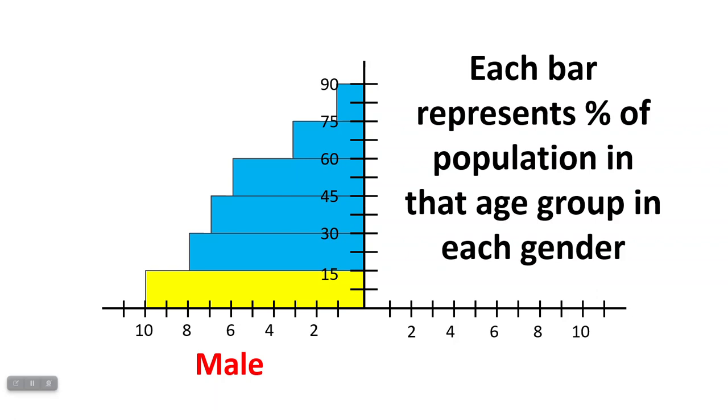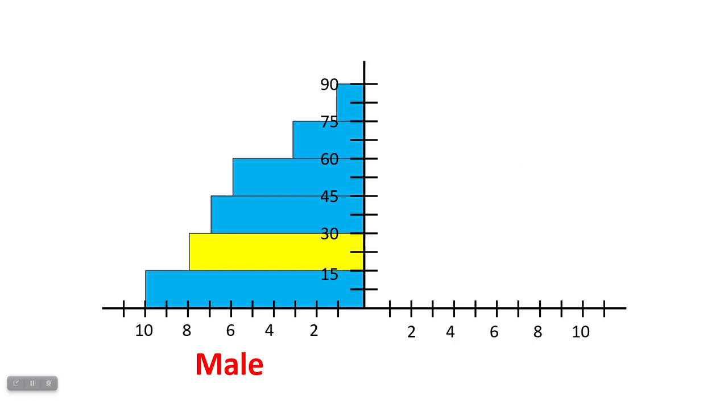Each of these bars shows you the percent of the population that's in that age group for that gender. So on this diagram, from 0 to 15 years of age, 10% of our population is in that age group. If we look at this next bar up, from 15 to 30 years of age, for this hypothetical population, 8% of the population is in that age group and is male.